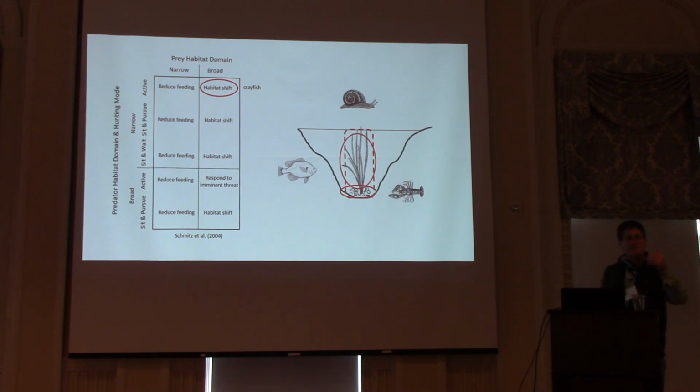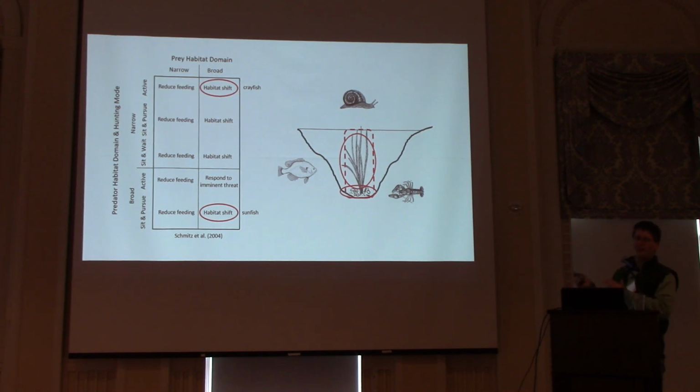If you watch these guys forage, they hover, look for something, go after it, hover, move around; they're not constantly in motion. So the prediction here is that in the face of a sunfish predator, snails ought to seek refuge in the bottom, avoiding the pelagic habitat where the sunfish are foraging.